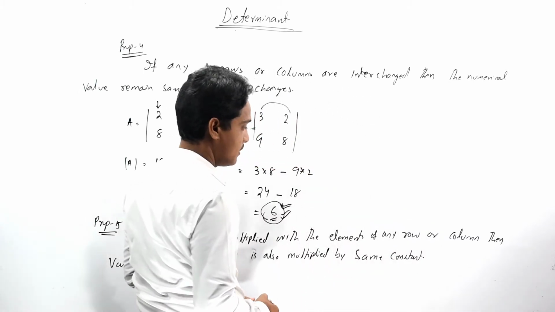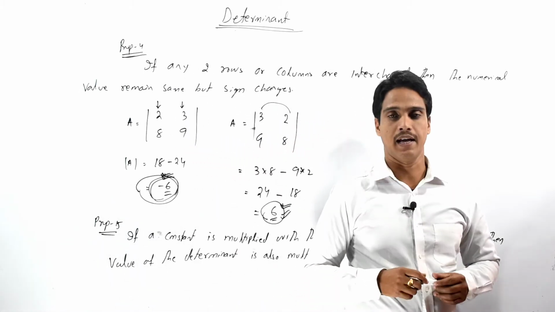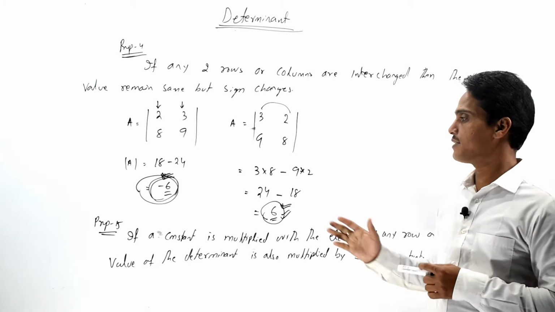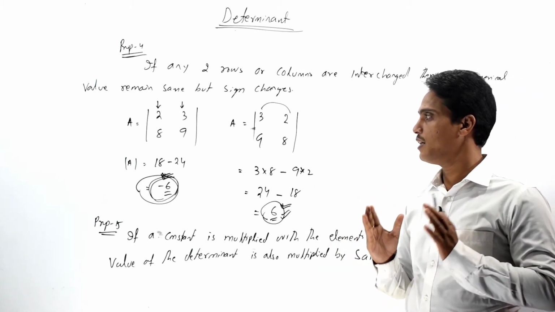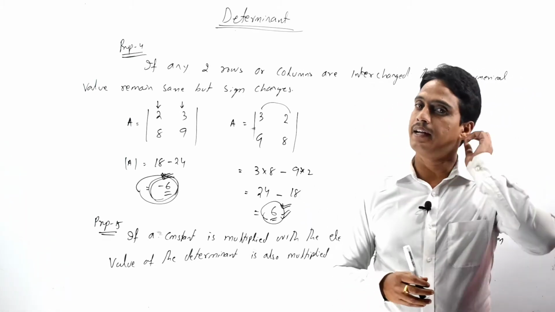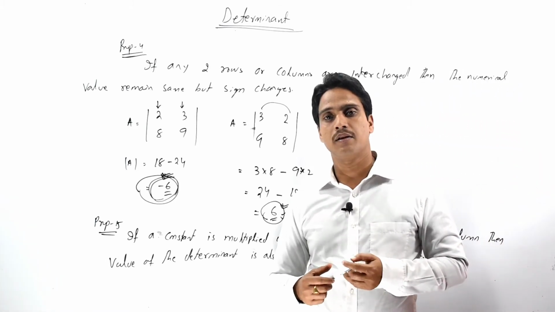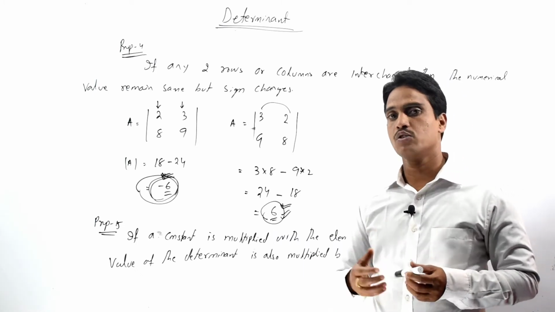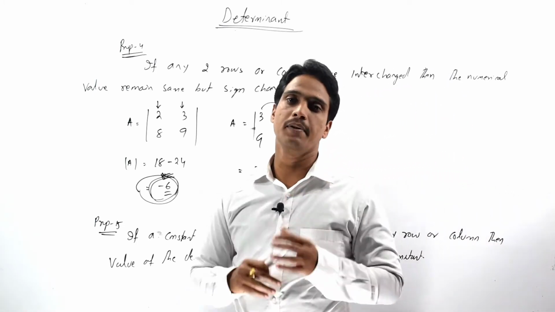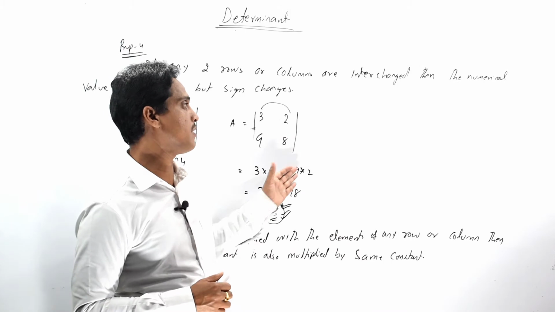That means if we multiply any constant with the elements of any row or column, then the value of the determinant is also multiplied by the same constant.